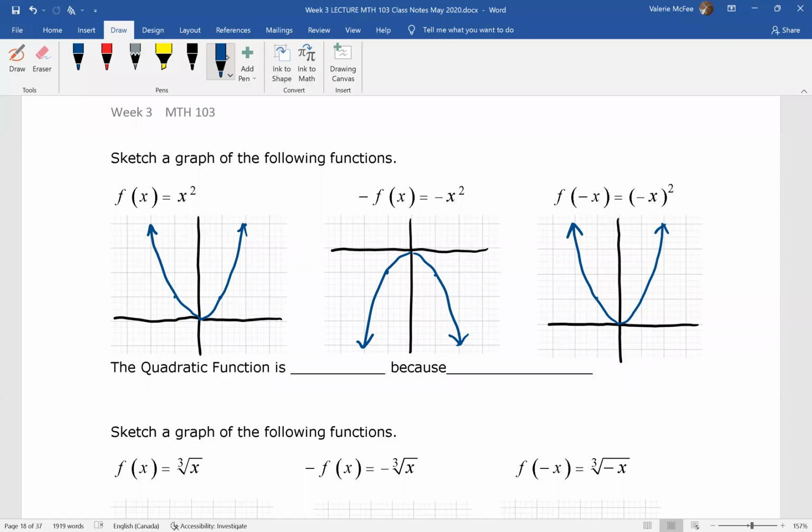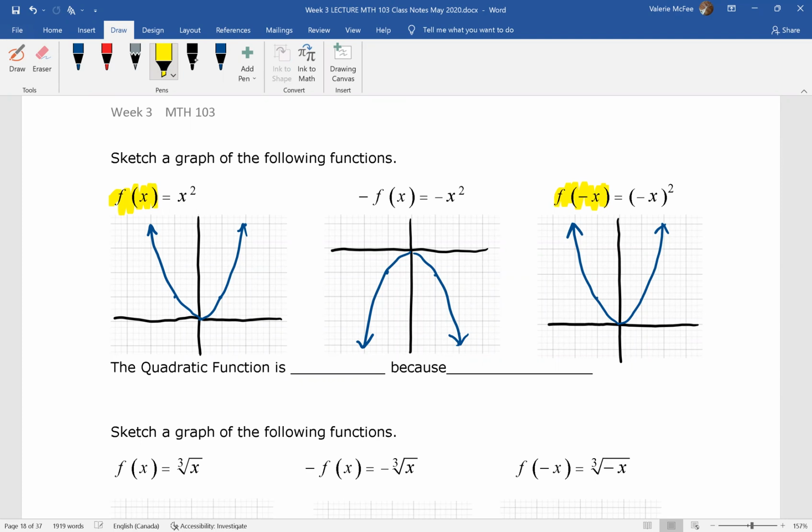Now, f of x equals x squared is a quadratic function, but it's also a polynomial. And we were talking about some properties of functions. Do you remember what we said? Look at these graphs here. You'll notice that the graph of f of x is the same as the graph of f of negative x.